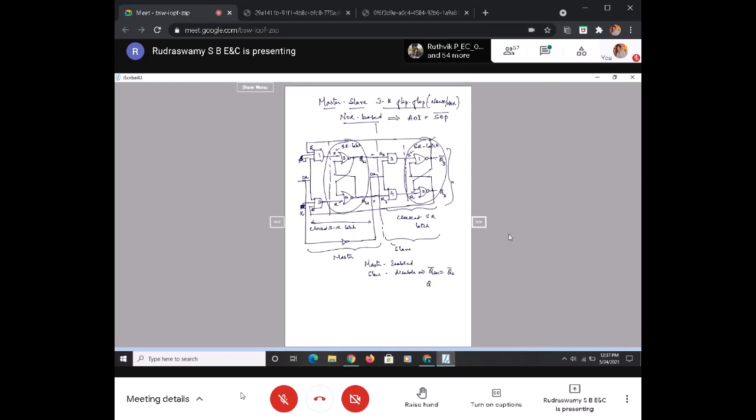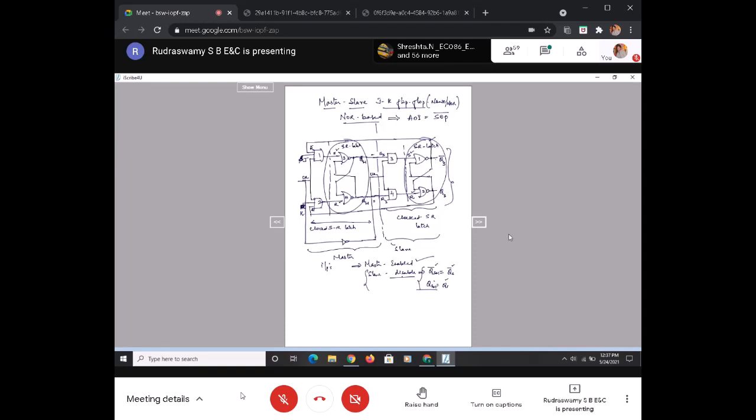Similarly, QS will be holding its previous value. You can see that whenever master is enabled, the slave output is completely disabled. In other words, the output will be the previous, that's it. Any changes in the master's inputs don't affect my output, whether it is a clock or this one.